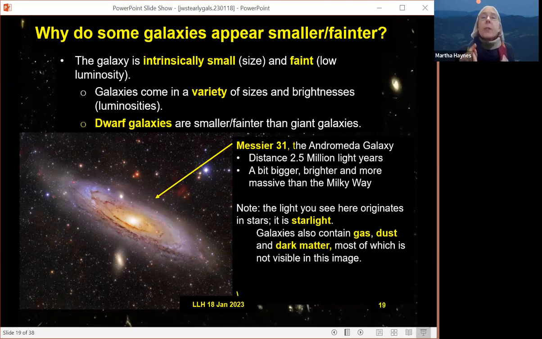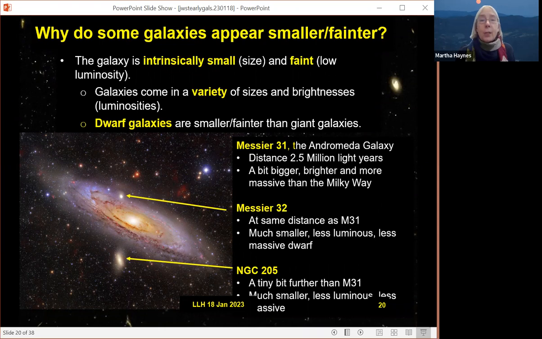Notice also that what you're seeing here in this image is starlight. Stars also contain gas and dust and dark matter, but this image doesn't convey any information about those, or very little information about those. But let's also point out that in this image, there are some other galaxies as well.